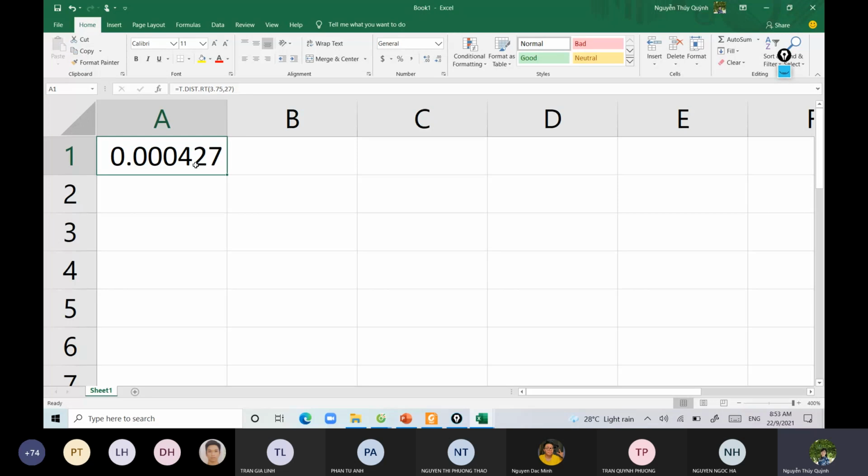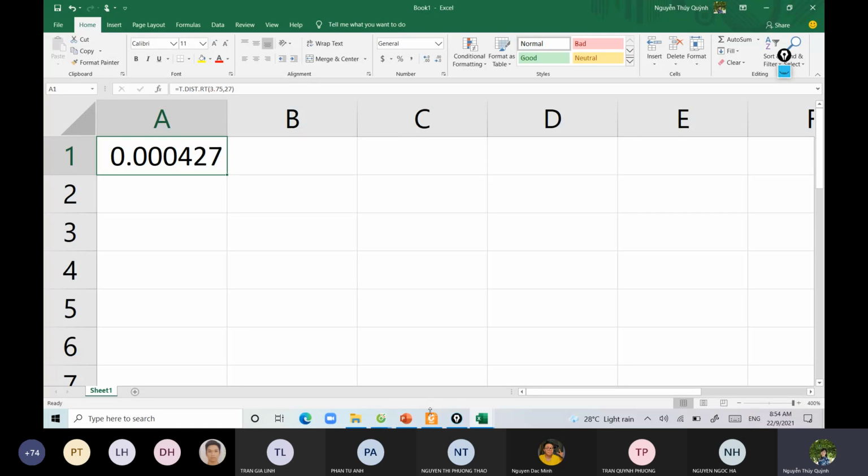If it is a right-sided test, then the p-value will be the area to the right of the observed value of T. If it is a left-sided test, then the p-value will be the area to the left of the observed value of T. That is how we can determine the p-value associated with an observed value of T for each type of test.